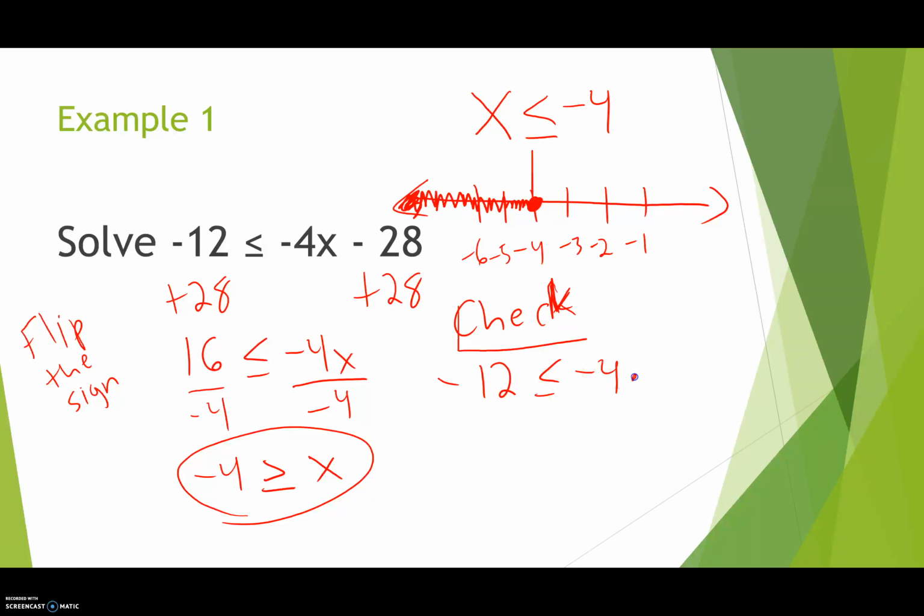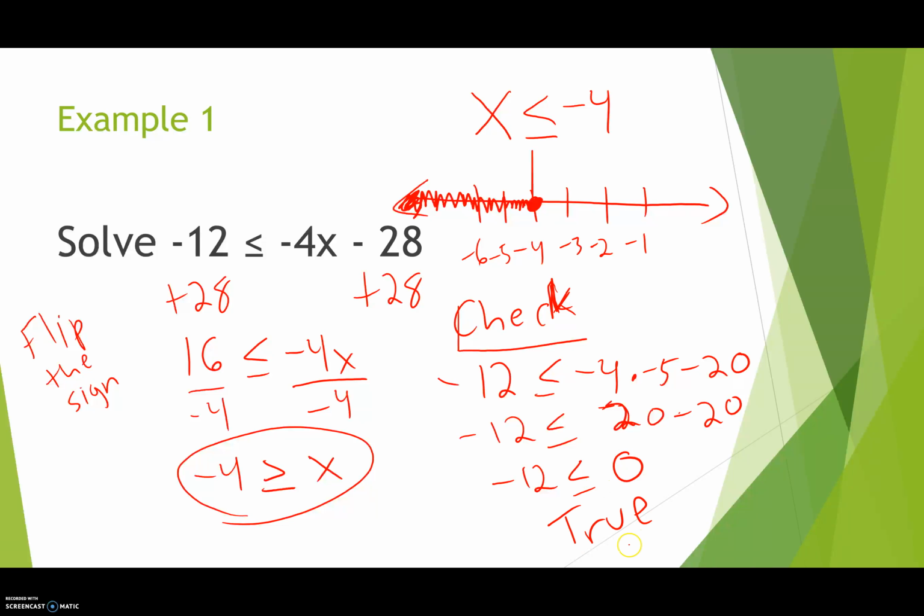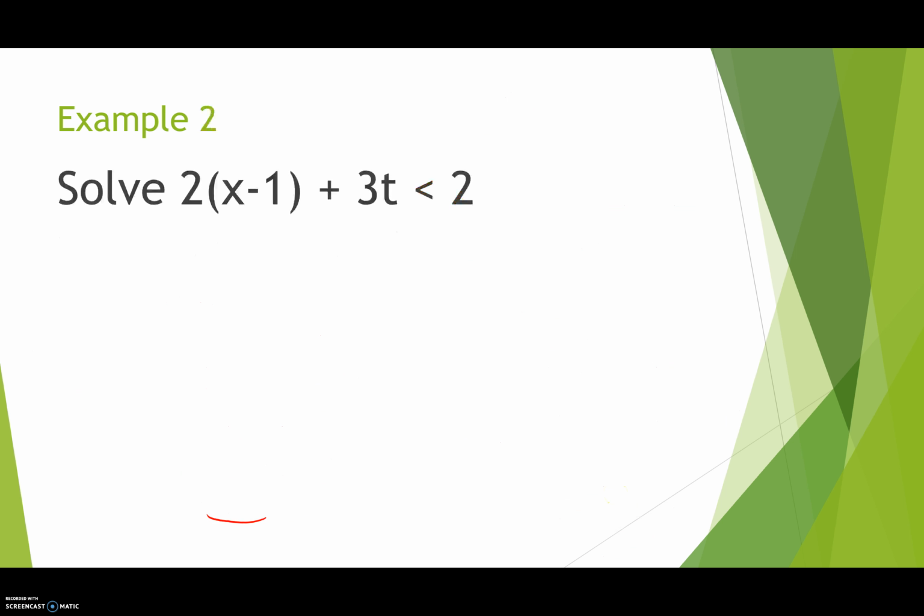We'll test it with negative 5. Okay, we'll see if this is true. Is negative 12 greater than or equal to negative 20? Nope, 20, excuse me. Is negative 12 less than or equal to 20 minus 20 is what we have. Whew. Is negative 12 less than or equal to 0? You're like, what's going on? Okay, that's true. I did it right. Let's move on. Example 1. Any questions? Okay, let's move on.